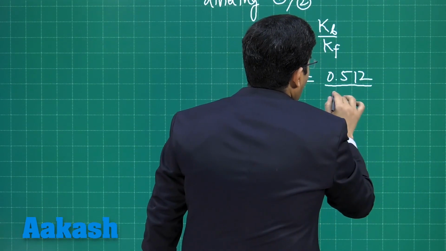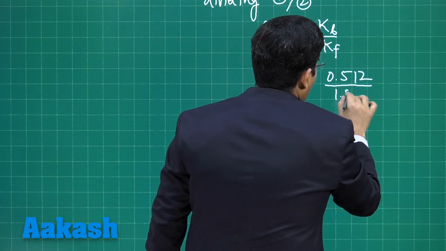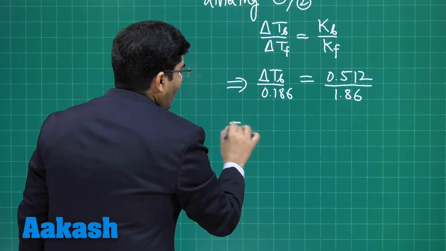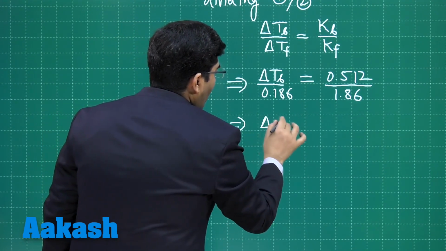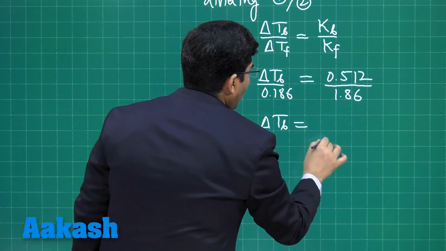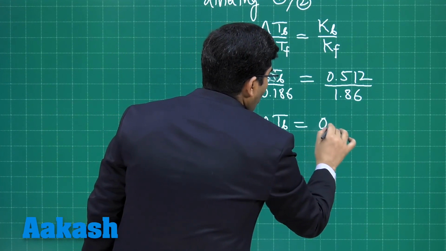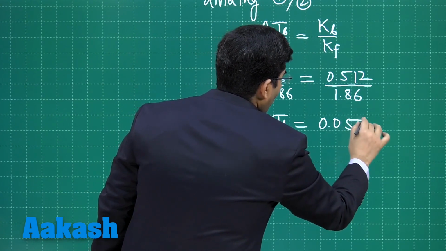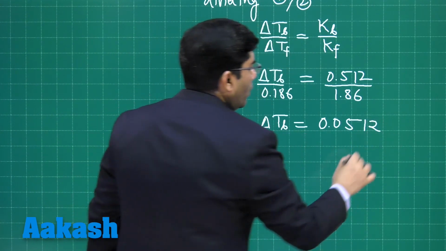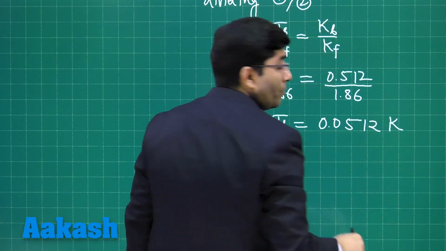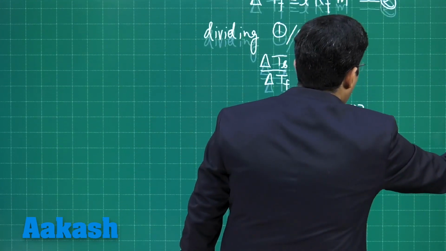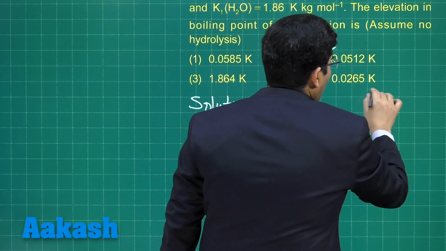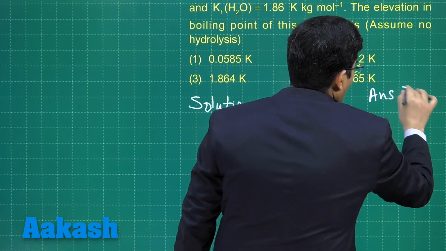So when we solve it, we will get delta Tb is equal to 0.0512 Kelvin. Let us check in which option it is there. So this is option number 2. So the answer is option number 2, right.